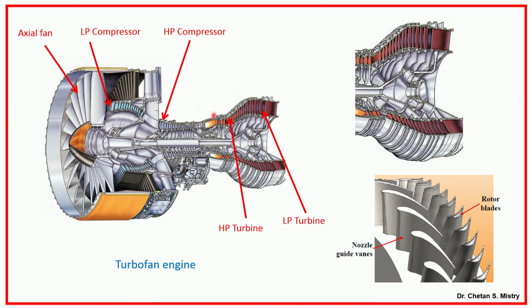Here, my HP turbine blades are of low height. This is a nozzle, we are talking of the HP turbine nozzle. The size is around 2.5 centimeter to 3 centimeter, it may be even lower than that.